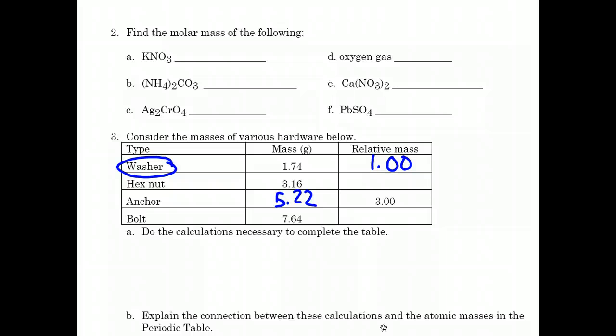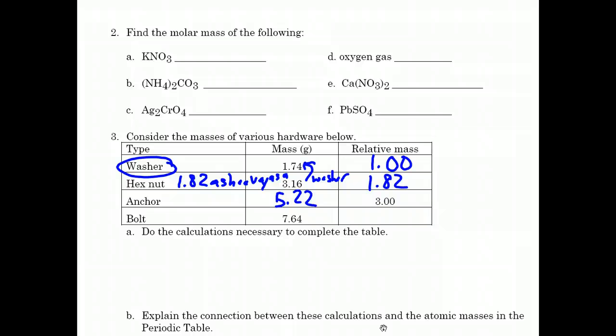And 3.16 relates to 1.74 as 1.82. Okay, so if I divide this number by that number, that's telling me that the hex nut is 1.8 times as heavy as a washer. So instead of comparing it to grams, we just compare it to that.